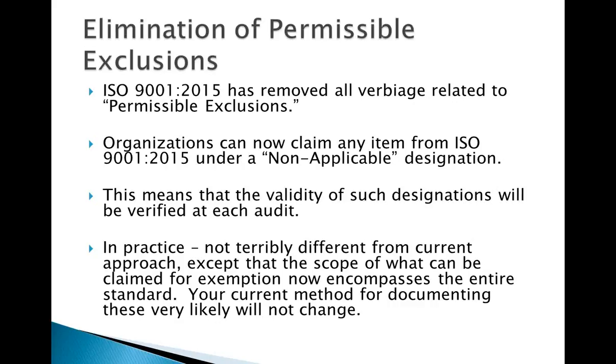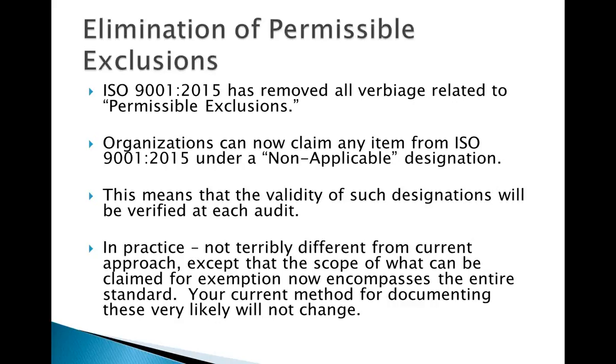Now, our analysis on this is that for the most part, exemptions are going to come from Section 8, a couple possible exemptions from Section 7, but outside of those areas, we feel that an organization is going to have a very, very difficult time substantiating an exemption.